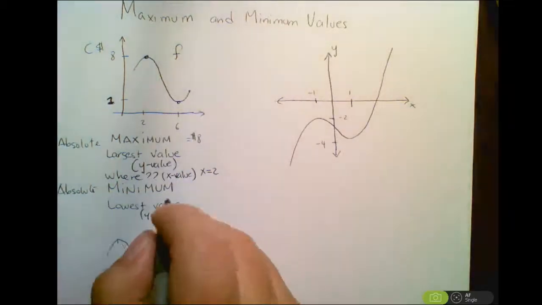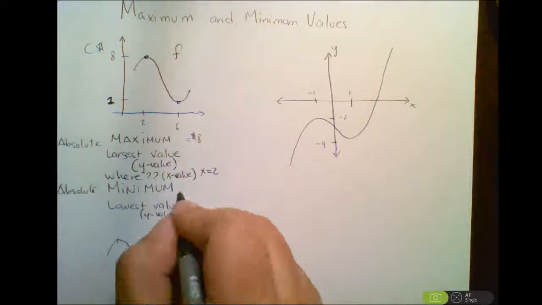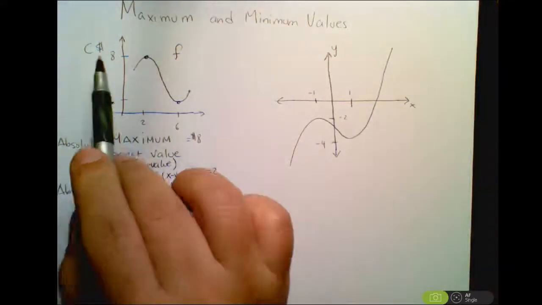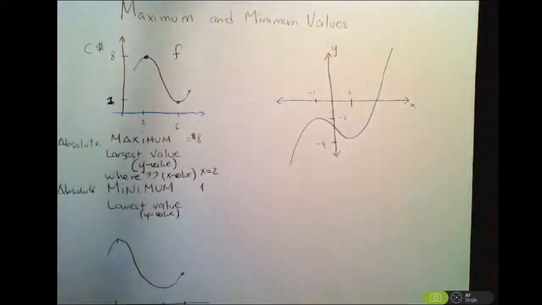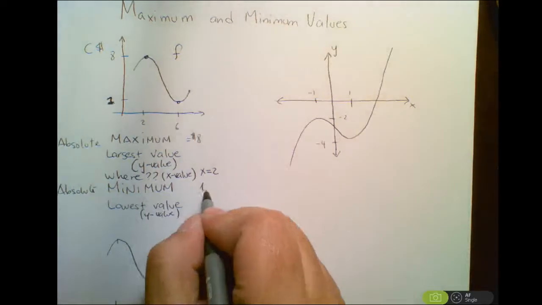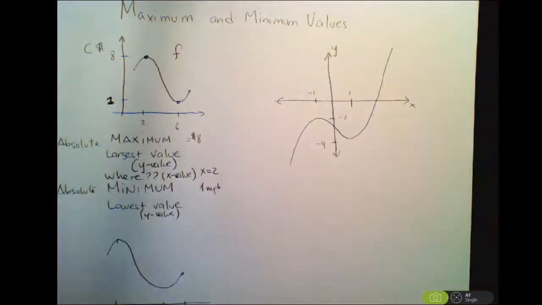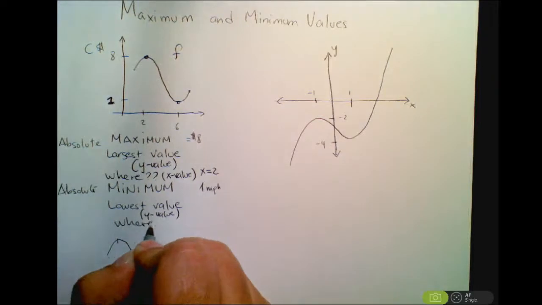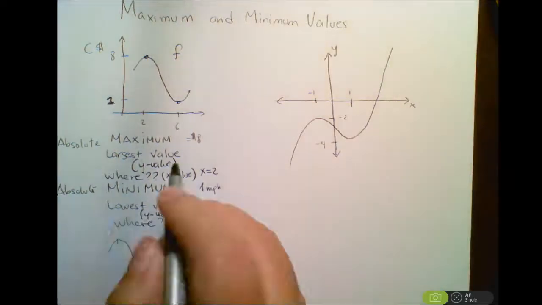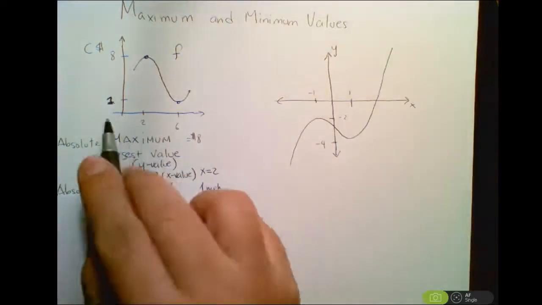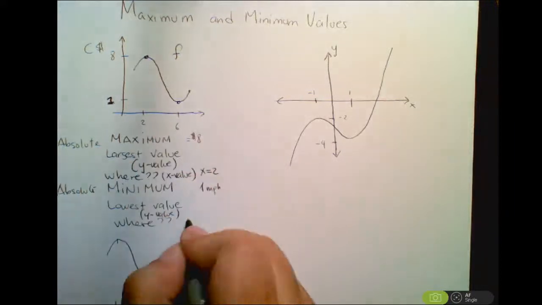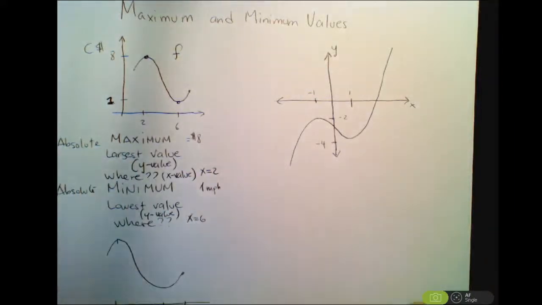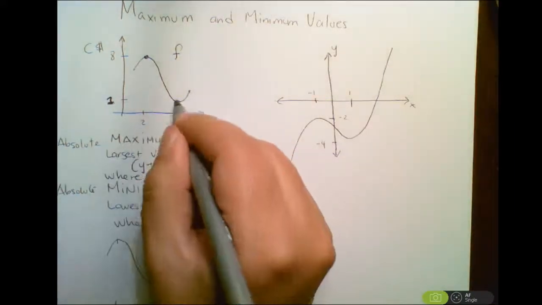So the absolute minimum would be 1, and if that was units instead of dollars, I don't know, velocity, then it could be miles per hour. Okay, for an example. And again, if they ask you for where does this happen, then I've been asked about the x value at which this happens, and that will be x equals 6, because this lowest point happens when x is 6.